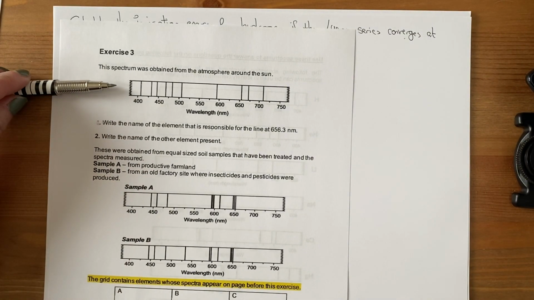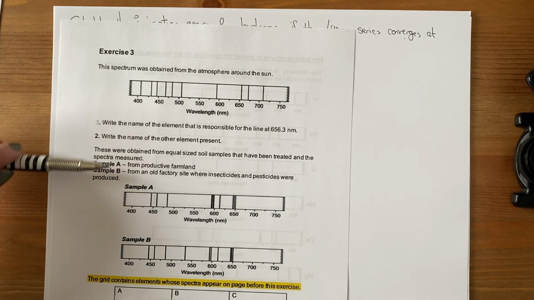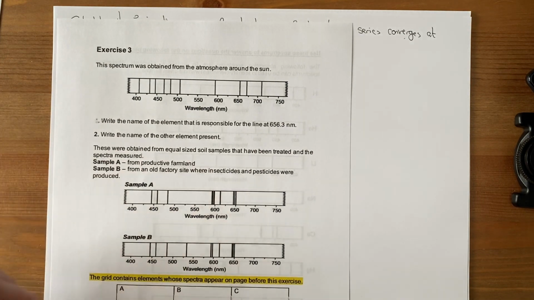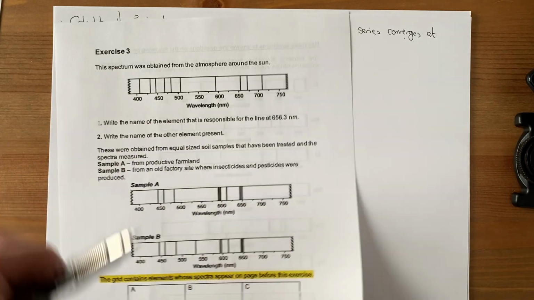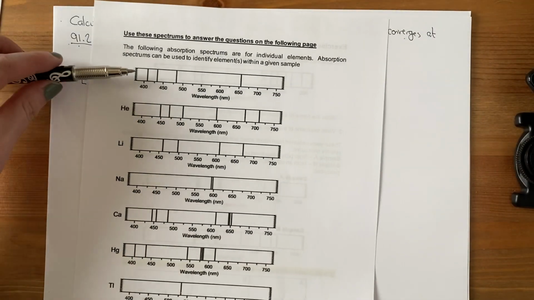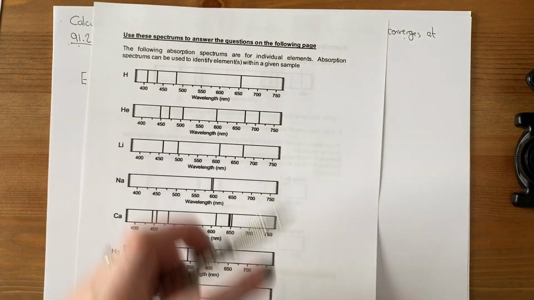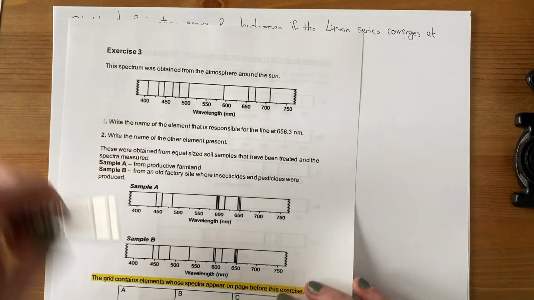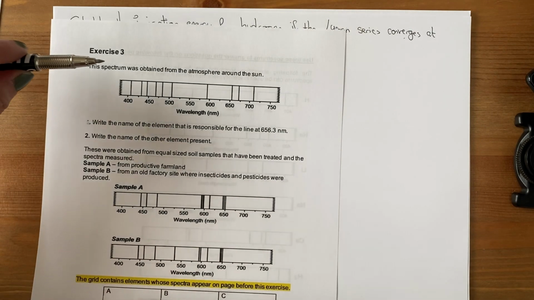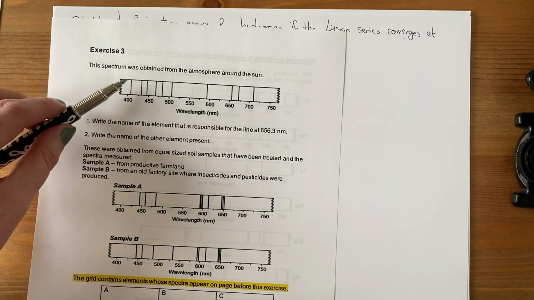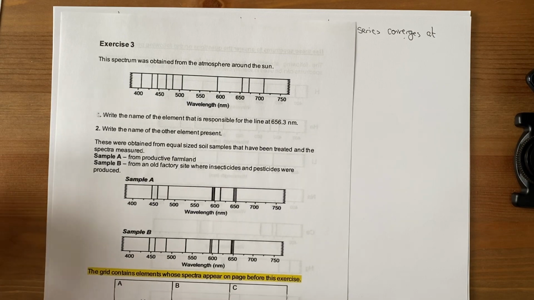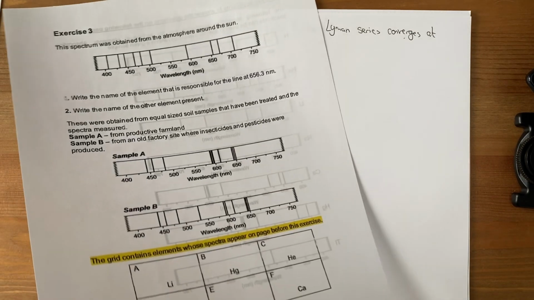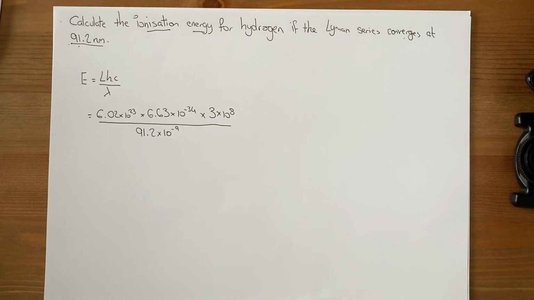And then what it does is it shows you on the other side a spectrum for an unknown, and samples A and B for this other question as well, and it's basically getting you to compare these and saying, right, hydrogen has these bands, do those bands appear in my unknown? Yes or no? Does helium appear in my unknown? So you're double checking and trying to rule out and work out which of these lines comes from which element. Some of them are there and some of them aren't. So that's the kind of thing that you could be asked with this.